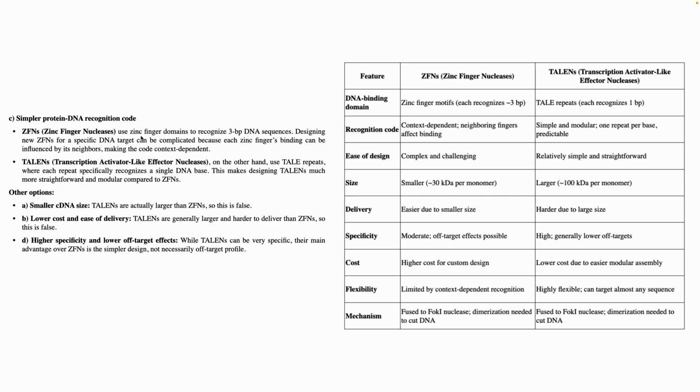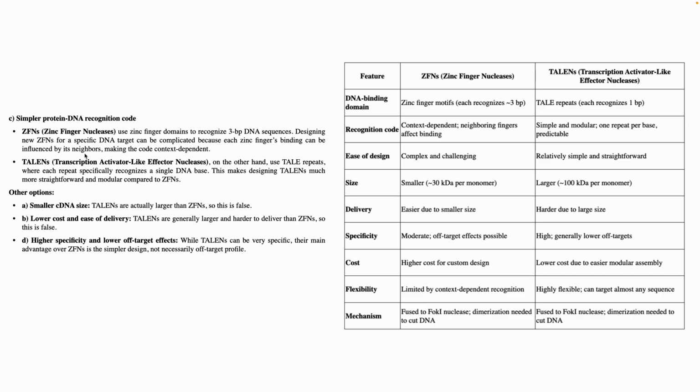So in zinc finger nuclease, as we have already studied in the previous lectures, it uses the zinc finger domain to recognize a 3 base pair DNA sequence. So designing a new zinc finger for a specific DNA target can be complicated because each zinc finger binding domain can be influenced by its neighbor, making the code context dependent.